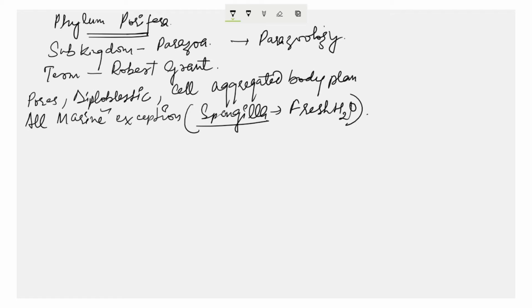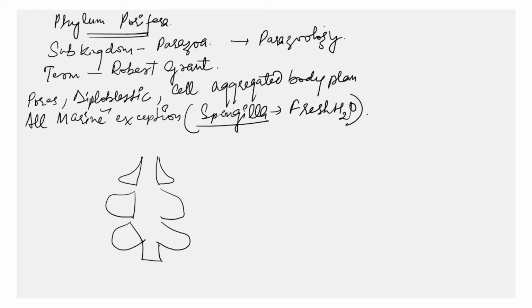Okay, so before diving into the general characteristics, let me just make a rough diagram of what a sponge really looks like. Okay, this is a rough diagram of what a sponge would look like. Generally, it is a vase-like structure. Then what you are doing is basically making a slits in between so that they become porous.